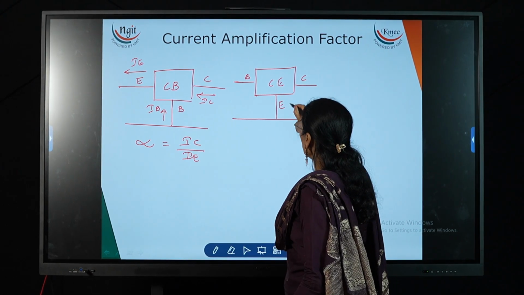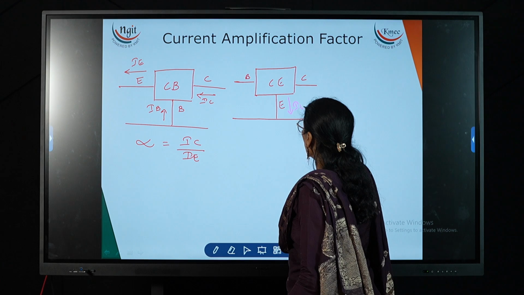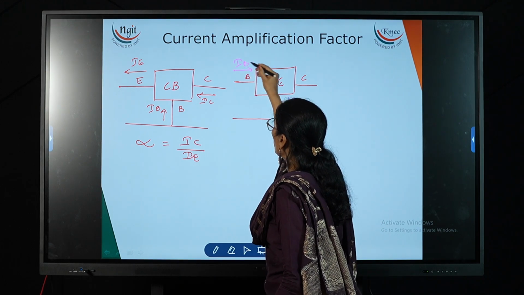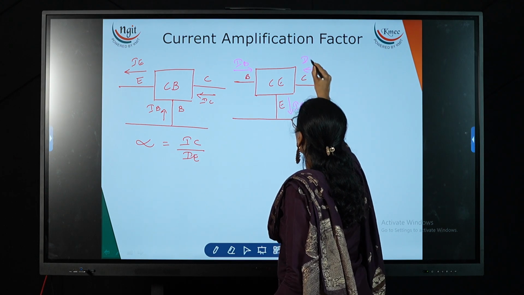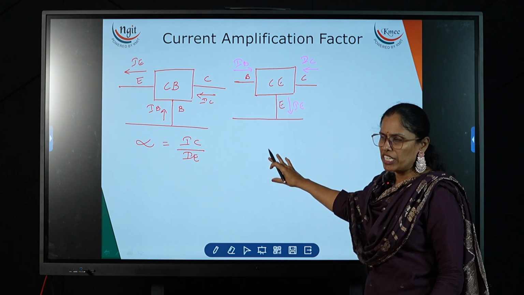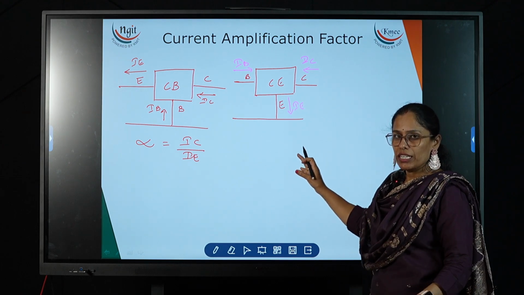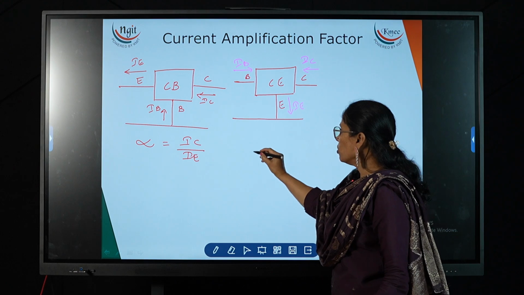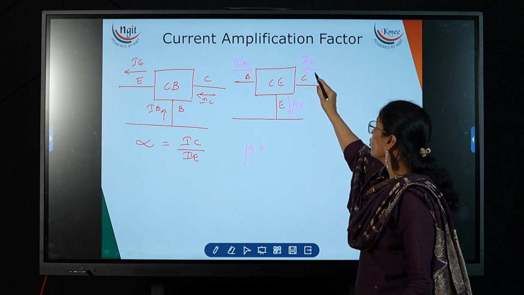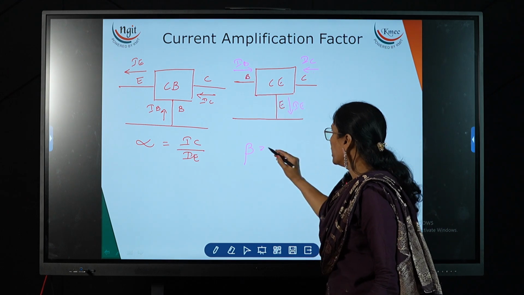Here IE is leaving, IB and IC are both entering currents. The definition of the current amplification factor is the same for all configurations. Here we denote it as beta, which is equal to the output current IC divided by the input current IB.